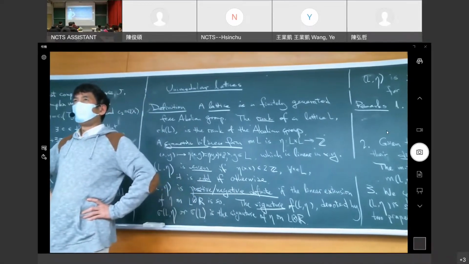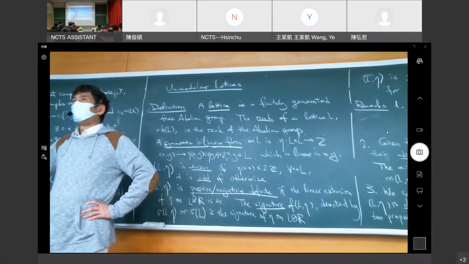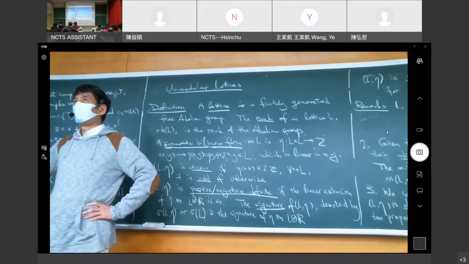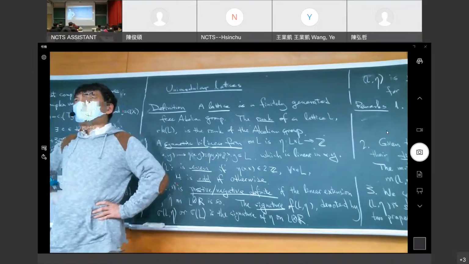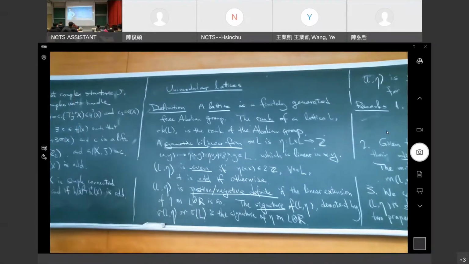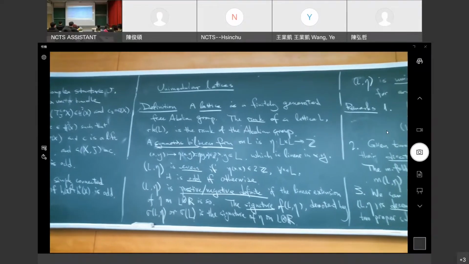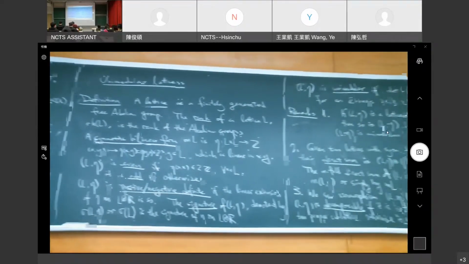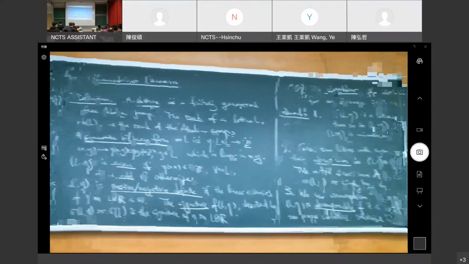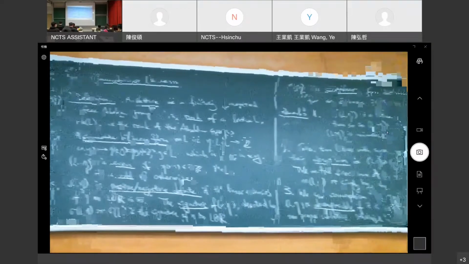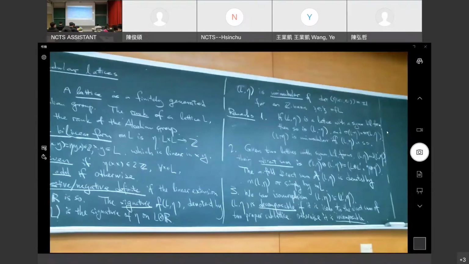The break will be, let's say, 15 minutes, and when we come back, we will look at the physics aspect of this course, and we will start with a review of electromagnetism as an abelian gauge theory.